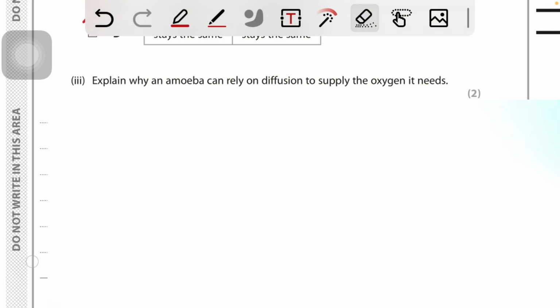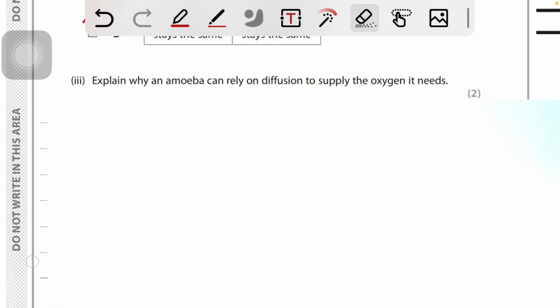We humans rely on the uptake of oxygen to do respiration in our body, but it's not the same for amoeba. Only diffusion can help them because they're a smaller organism, and all the cells are closer to the cell membrane of the amoeba, and they can get enough oxygen through diffusion only, so they don't need any huge mechanical support to take up oxygen. Diffusion can help them with that.